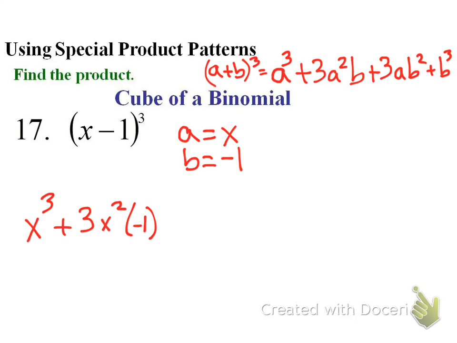We'll go back and simplify. 3 times X times negative 1 squared plus negative 1 to the third.